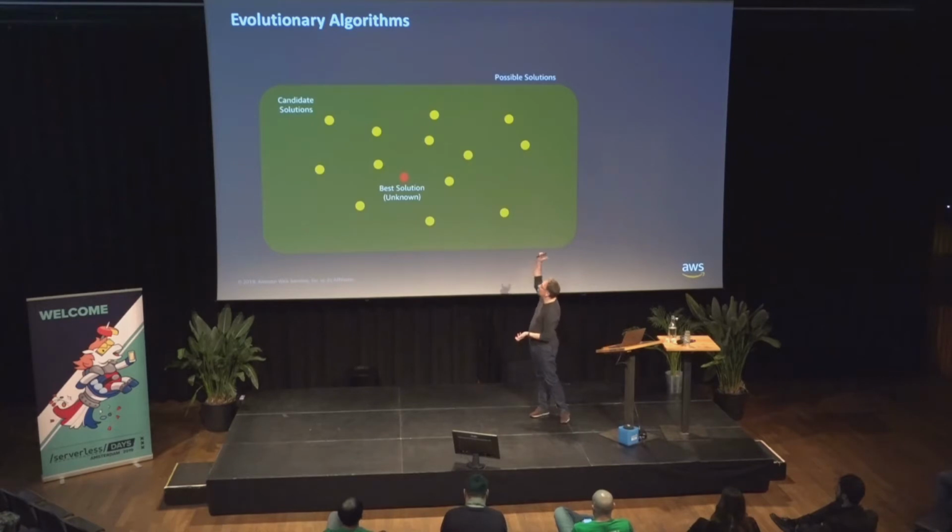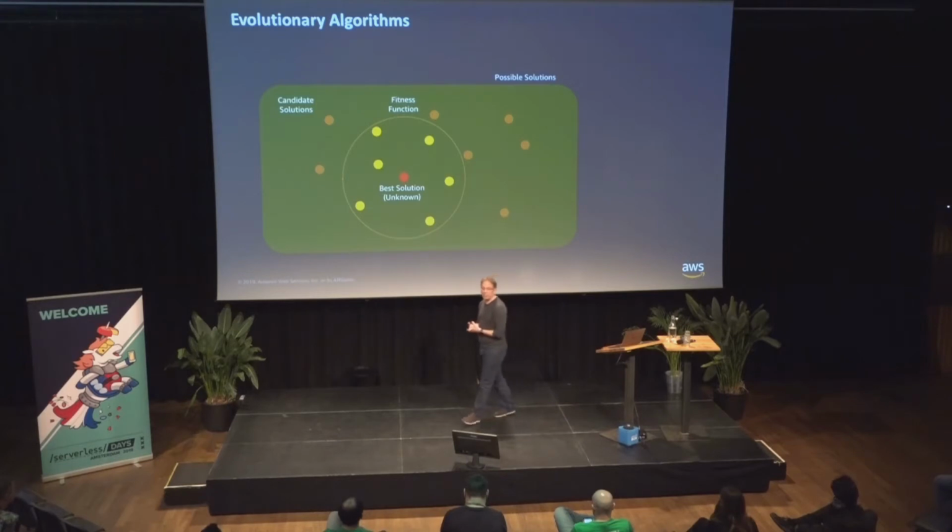Normally you start at random and you create random solutions. One random solution could be, let's focus all our energy on building new features, or let's focus everything on security or scalability. And then at some point I want to understand which of these candidate solutions is good for me. To do that, we introduce a fitness function.